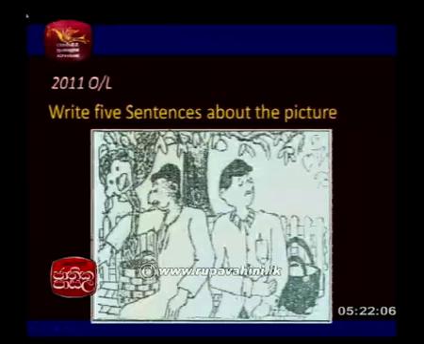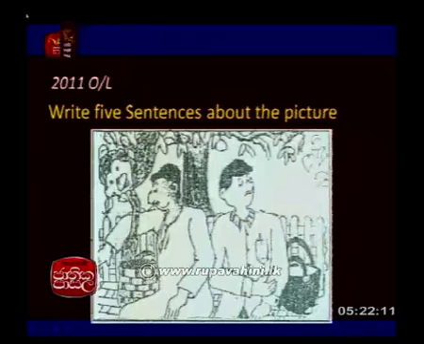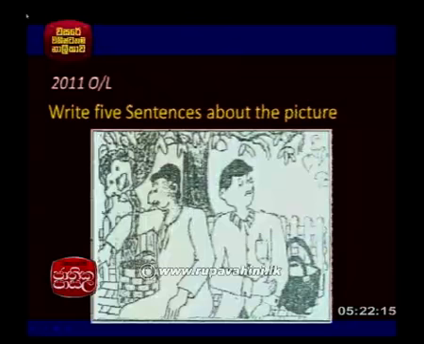So before we discuss this picture, I would like to tell you, my dear students, the objective of this particular question. The objective of this question is to assess the ability to write a few sentences describing the given picture. That means we are going to assess.